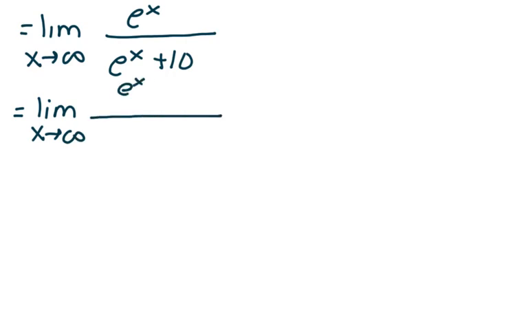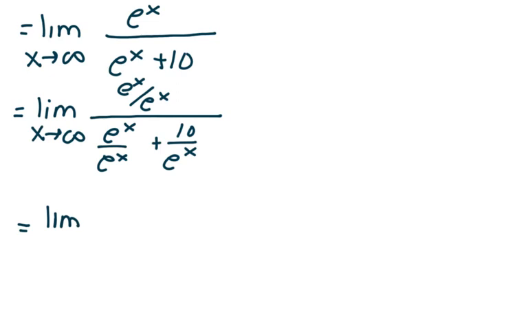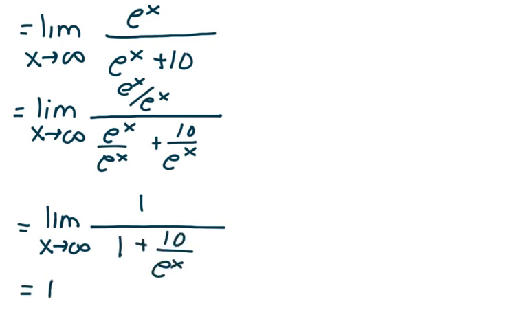So I have e to the x over e to the x divided by e to the x over e to the x plus 10 over e to the x. So this is the limit as x goes to infinity of 1 over 1 plus 10 over e to the x. But that's 1. Okay, after all that work. So what that says is the limit as x goes to infinity of natural log of y is 1.